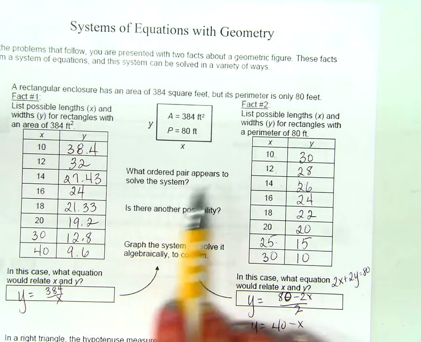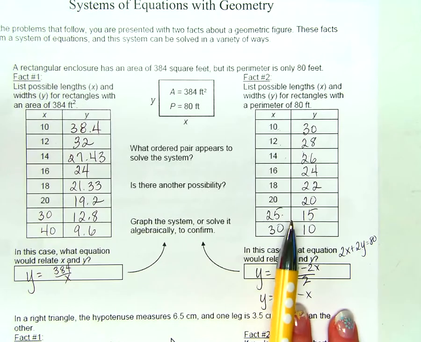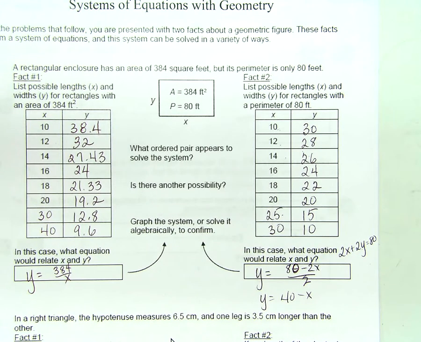What ordered pair appears to solve the system? I'm not touching my calculator, are you? So which ordered pair appears to solve the system? What's true about a point that solves the system? Where would it appear?